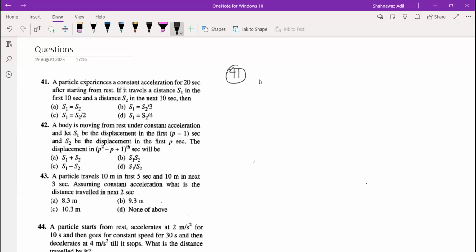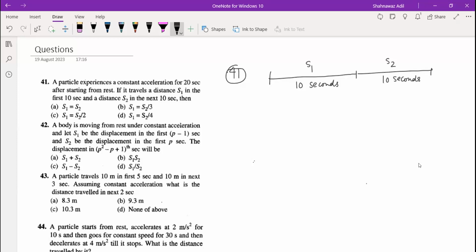This is first 10 seconds, and then this is another 10 seconds. So this is S1 distance, and this is S2 distance.